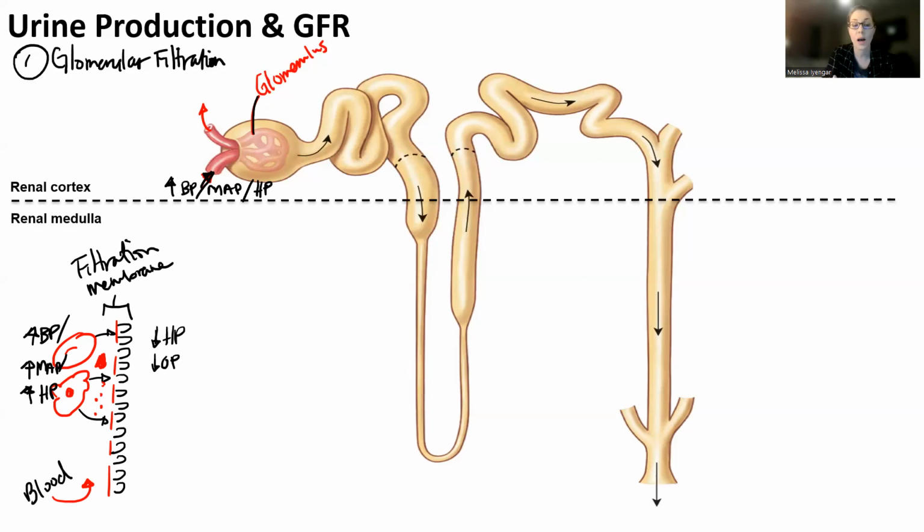Because that pressure is so high, it's going to force anything that's small enough to go through the fenestrations and also through the slits where the podocytes are. It's going to push those substances through the filtration membrane and into the glomerular capsule space. And that's what that part's going to be.